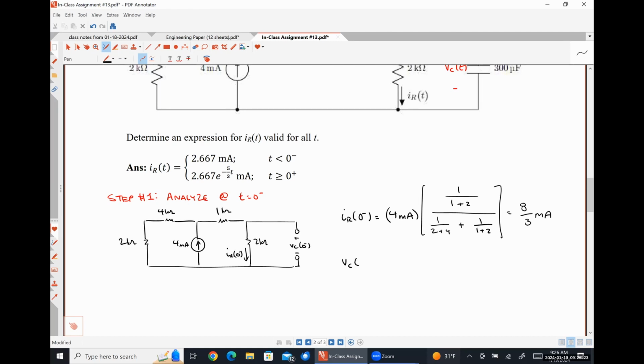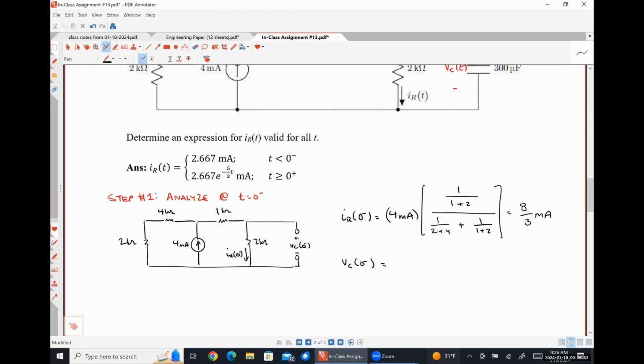The voltage drop across my capacitor at 0 minus should be what? So our capacitor is in parallel with the 2 kilo ohm resistor that we know the current flowing through. So the voltage drop across the capacitor is going to be the same thing as the voltage drop across that 2 kilo ohm resistor on the right.